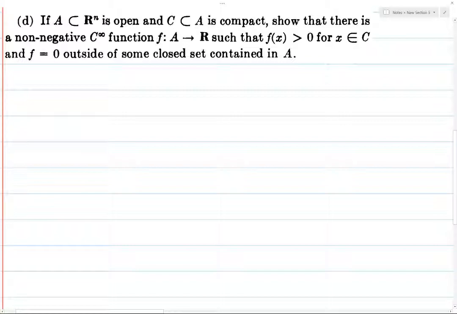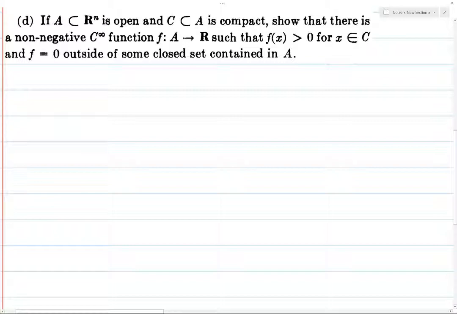Before I get into this, let me explain what we're going to do.